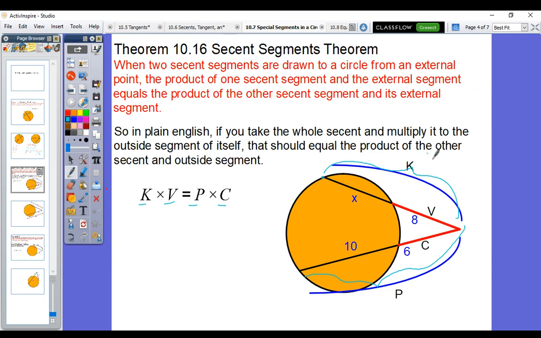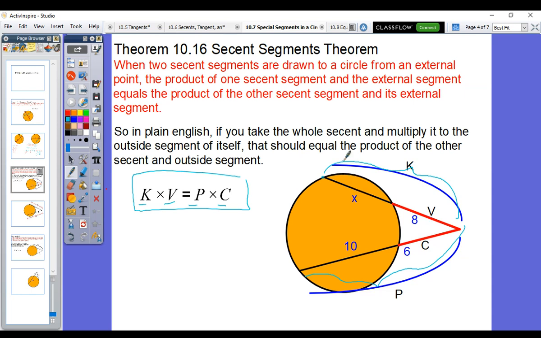If you're going to write this down, you have to have this picture so you can match which part we're talking about. So the entire secant distance times its outside value, K times V, is equal to the whole other secant times its outside value.